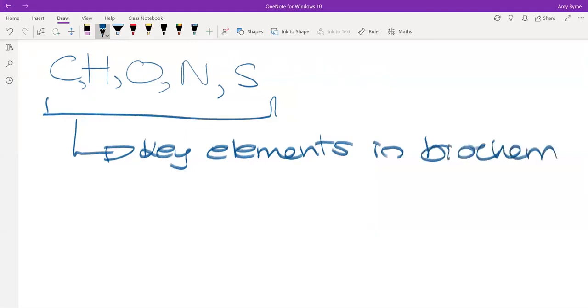So most of the chemistry that's going on, for example, in my digestive system now as it breaks down my lunch, is all based around covalent bonding between these elements.